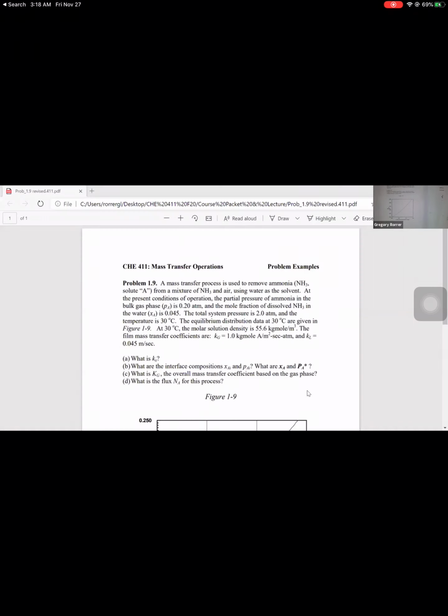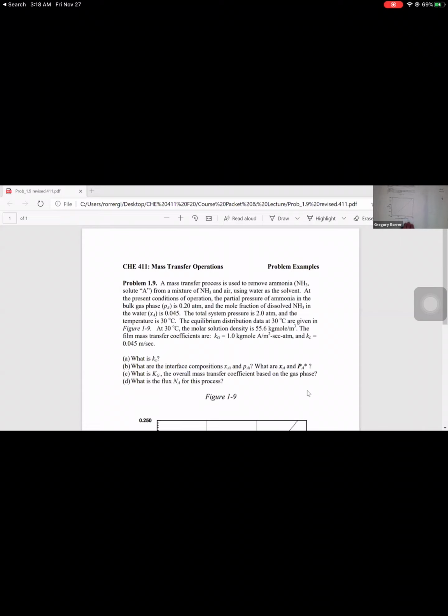Just one moment here while I dig up the problem. Okay, so here it is on the share, but I'll work on it off the document camera here.